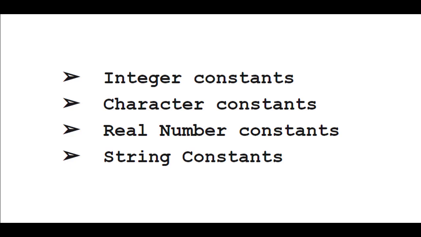String and character are similar: a character is one by one, and a string is a combination of characters. When we use characters, sometimes we use Y for yes, N for no, like that.